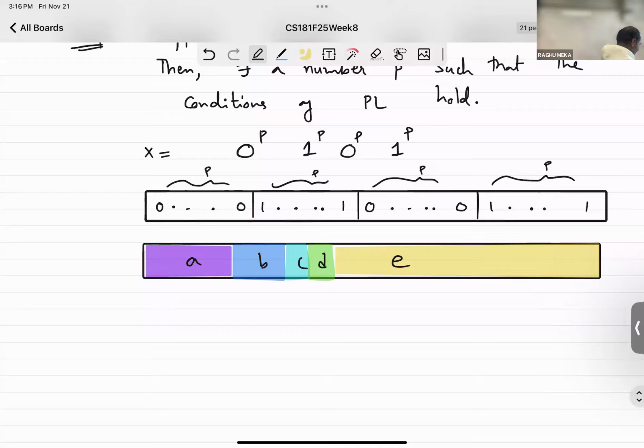How do I get the contradiction? Any suggestions, guesses? What breaks here?